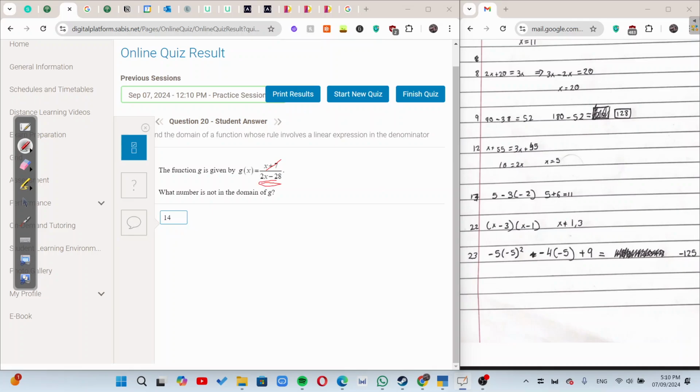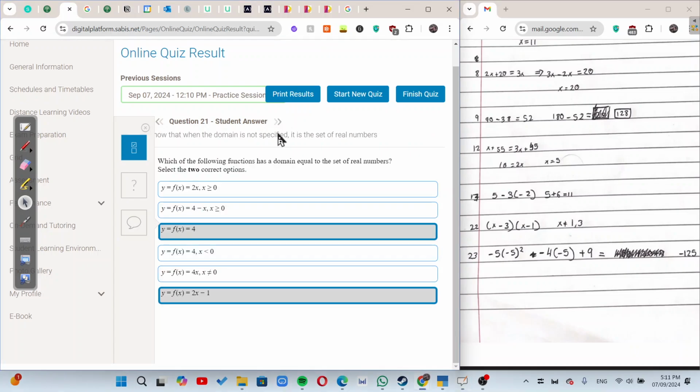You need to see what value makes the denominator 0, because you're not allowed to have that value. So you set this equal to 0 and you see 2x equals 28, x equals 14. If you replace x by 14, the denominator becomes 0, which is not allowed. You cannot have a 0 denominator. Anything less than 14 or higher than 14 is allowed, but 14 is not.